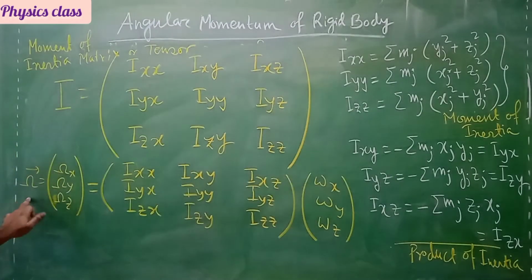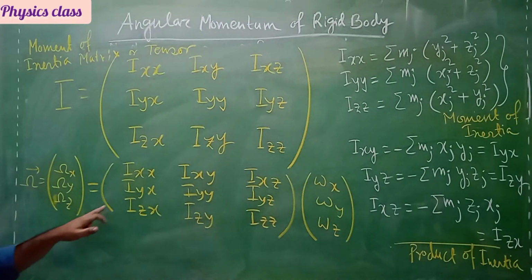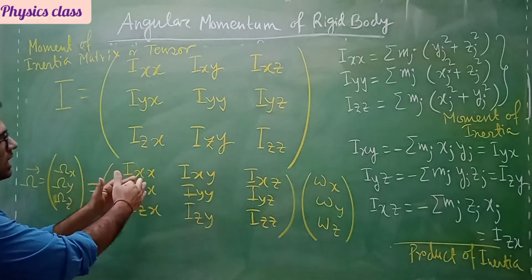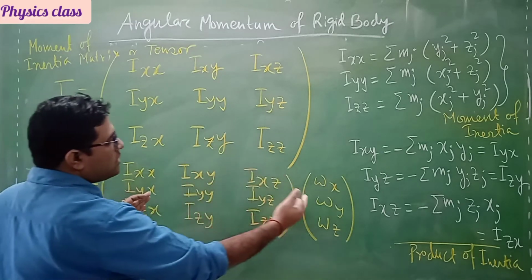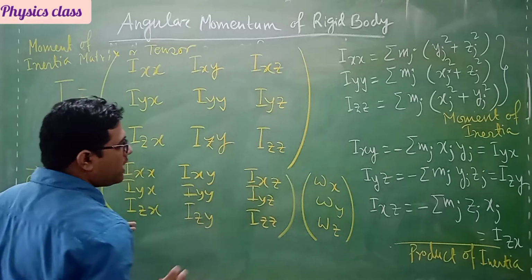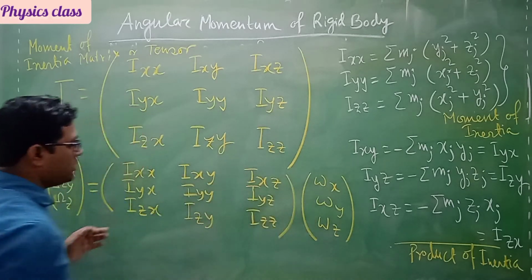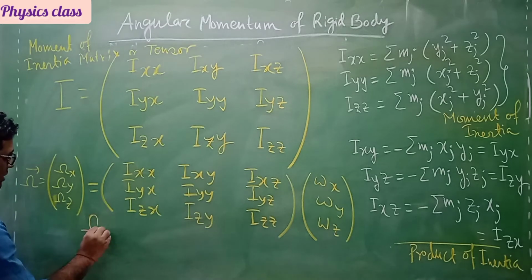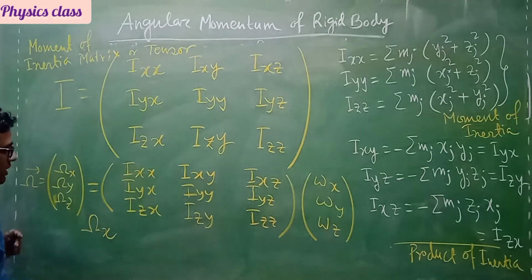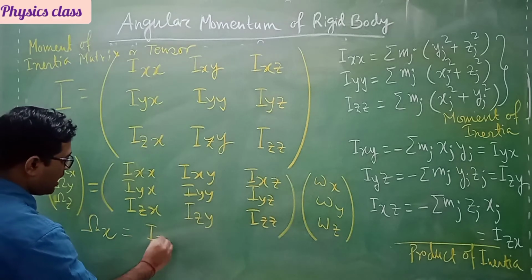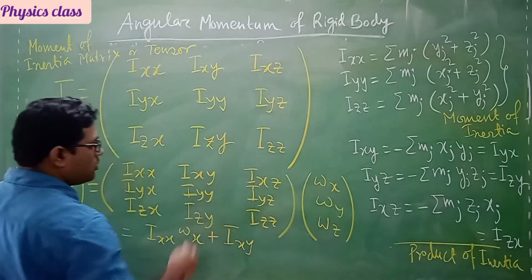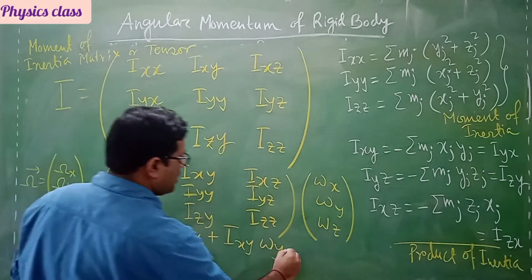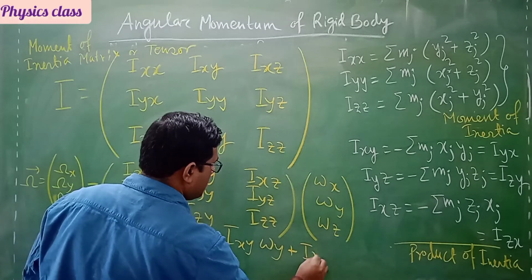Okay, so here you can see the angular momentum. We can write like this. If you multiply Ixx with omega x, that is Ixx omega x, then plus Ixy omega y, then plus Ixz omega z. So in general, if we write the x component as we have already discussed, we can write Ixx omega x plus Ixy omega y plus Ixz omega z.